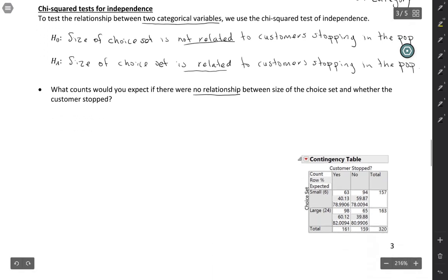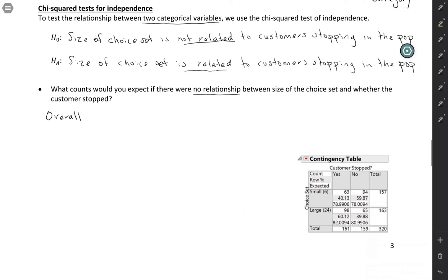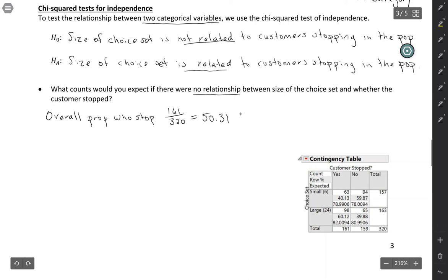So you can think, okay, well, if it really made no difference, then you could take the overall proportion who stop. So that is, if we look at the totals down here, that would be 161 out of 320, so about 50%, just a coincidence that it came out so close to 50-50.